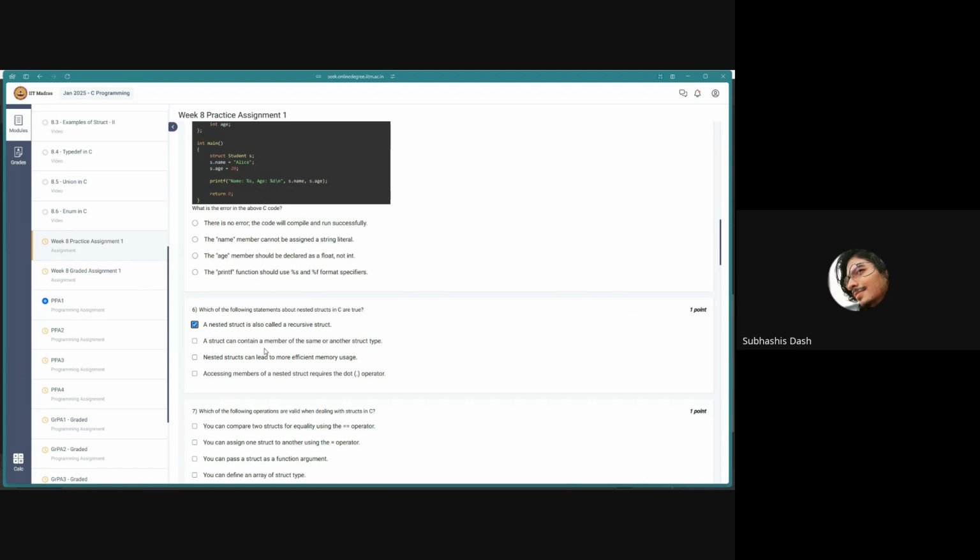A struct can contain a member of the same or another struct type. We've just seen that, right? We can do that. Nested structs can lead to more efficient memory usage. It is also true, I think. Are you sure about that?